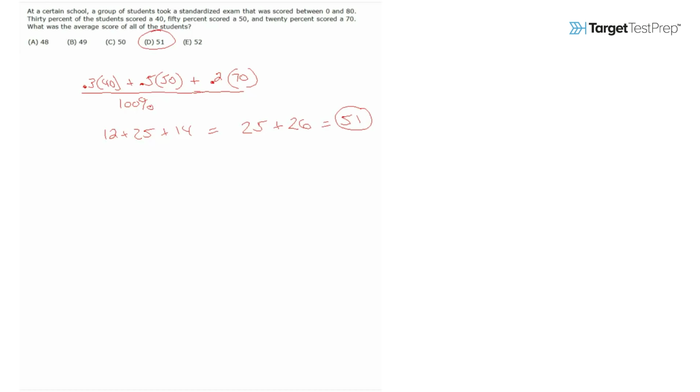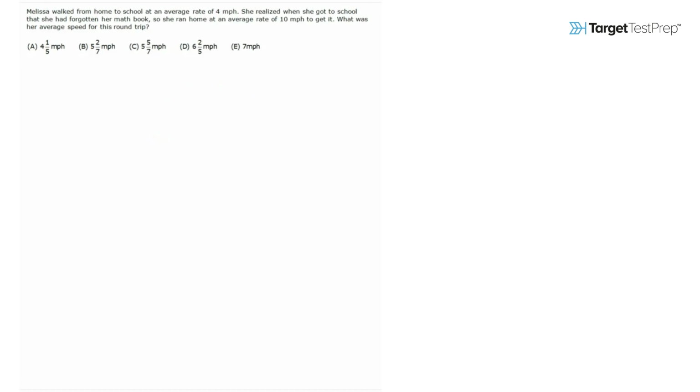And so to help kind of pad that, I want everyone to do an average rate that you're very familiar with, which is going to seem out of place for what it is we're covering right now. But if you guys give me a few minutes and another question after this, everyone is going to kind of see the point of what I'm doing. So without me giving too much away, I want everyone to attack this problem in any way they see fit, and then we'll go from there and do another problem.